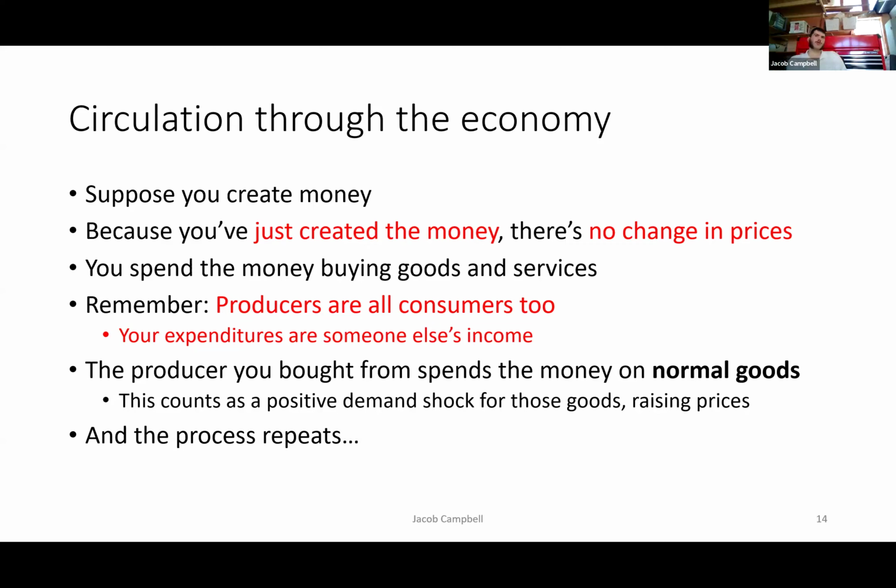Now, remember, producers are all consumers too. The only reason why we produce, for the most part, is so that we can consume. And your expenditures are someone else's income. Every dollar you give to that producer either becomes their personal income or it becomes income for the people in their supply chain, for all of the producers that they have to pay for inputs in the production of their good.